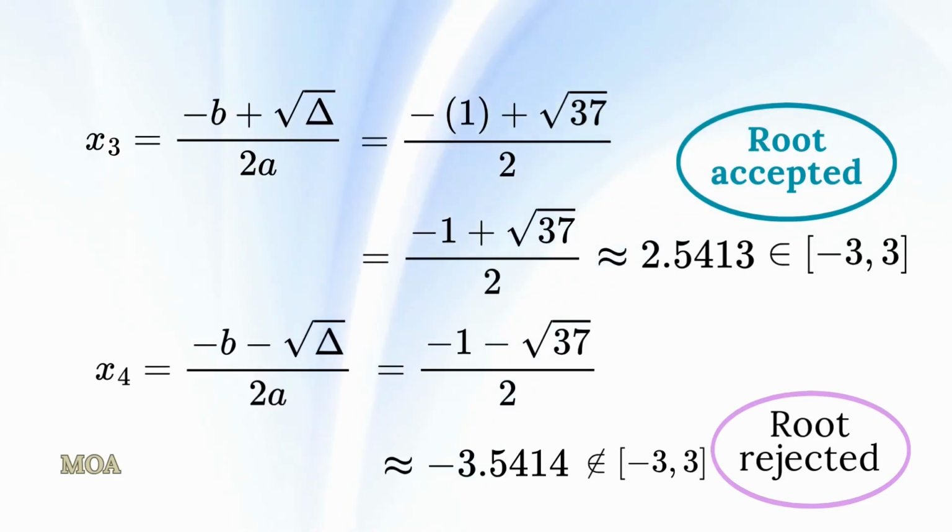The value -1 minus the square root of 37 over 2 is approximately -3.5. This number does not belong to the interval from -3 to +3, so it is rejected. The quantity -1 plus the square root of 37, all divided by 2, is approximately 2.54. This number lies inside the domain of definition, so it is accepted as a valid solution.